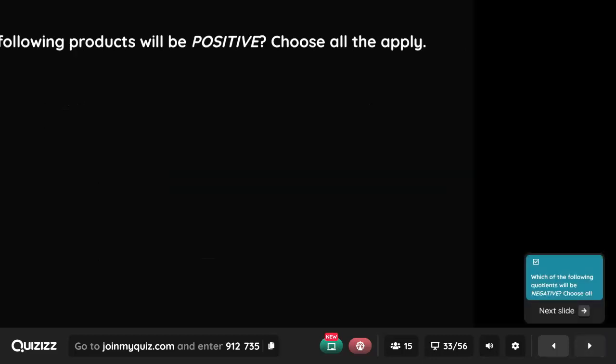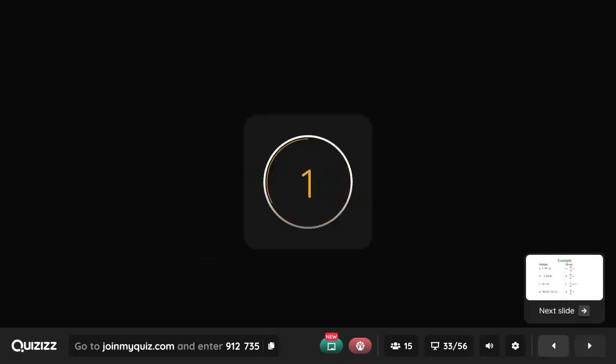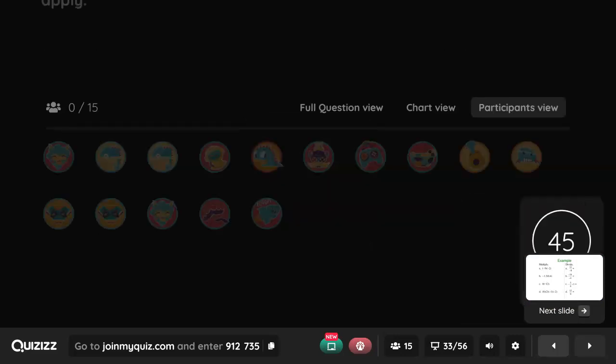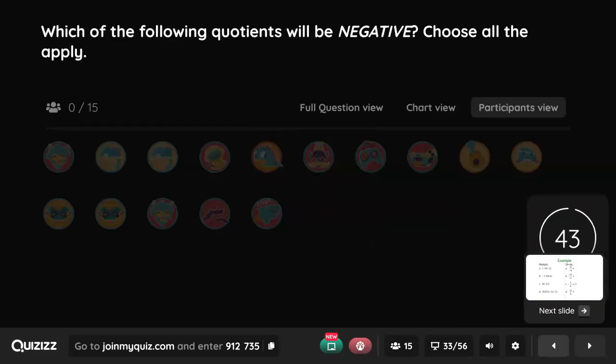Now look at these quotients and tell me which ones will be negative using the same rule. Okay? Same rule.